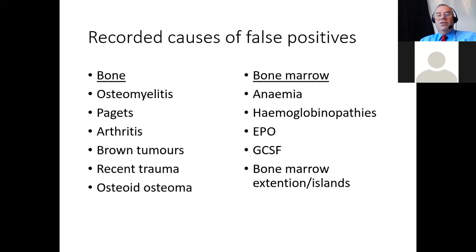So the kinds of things that cause positive uptake on FDG in bone would be osteomyelitis, Paget's, arthritis, brown tumors, some hyperparathyroidism, recent trauma, osteoid osteomas.